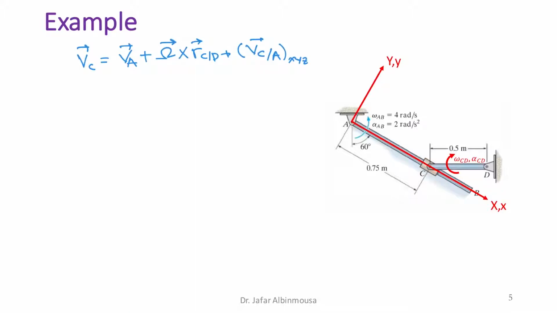So from the relation of VC with respect to D, we can relate this with the equation when we wrote the velocity of C with respect to A. And from that, I will have minus 0.25 omega CD, and this is I, plus 0.433 omega CD J, which is equal to VC, which we obtained when we wrote the relative velocity between C and D, because you see this is double omega CD and this is omega CD.